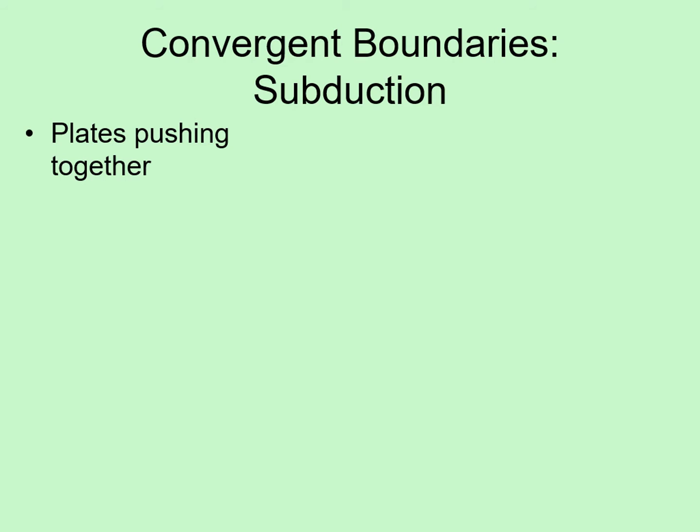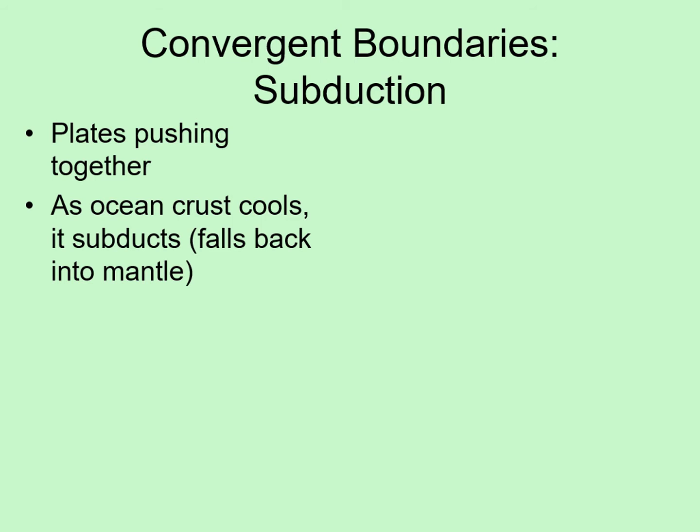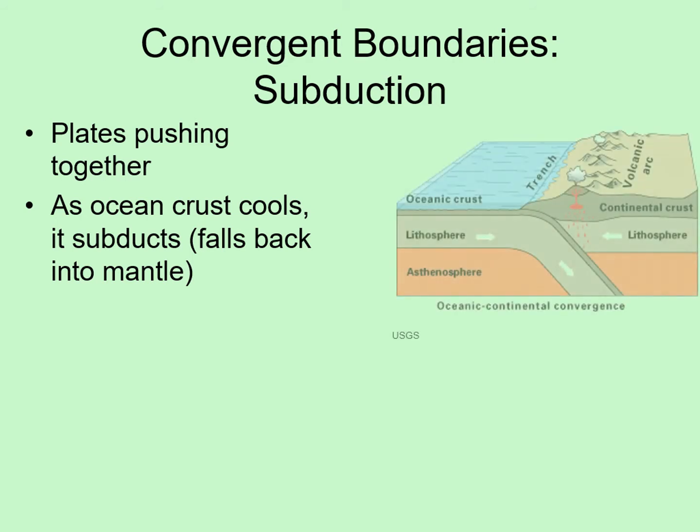Subduction happens when the ocean crust cools enough that it becomes as dense as or denser than the underlying mantle rocks. This causes the ocean crust to start to slide back into the mantle. In the diagram at the top, a section of ocean crust and continental crust are sliding towards one another.